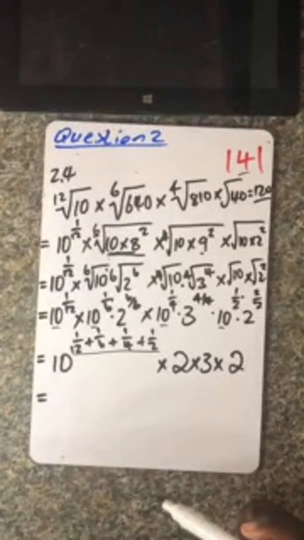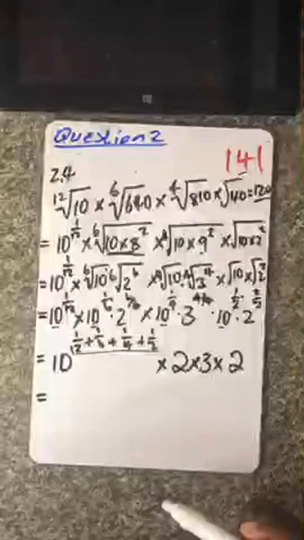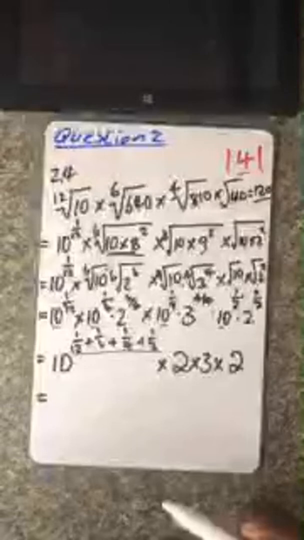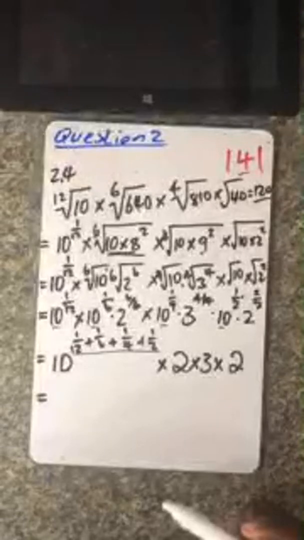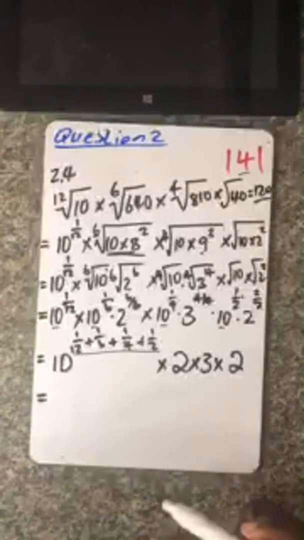I won't teach you this because they taught you how to do that in primary, and I assume in grade 8 and 10 they teach you how to simplify this thing. One thing for sure, you should get 12 over 12. The reason why I'm saying you should get 12 over 12 is because the whole of this should be the same as 12 over 12, which is 1.